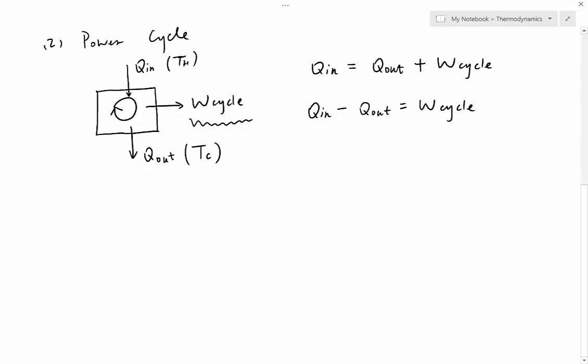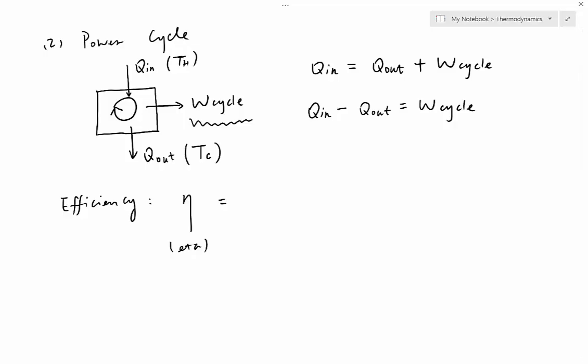Okay, so now if you have an engine, what's the first thing you want to know about your engine? Probably the efficiency. If you purchase an engine, you want to know what the efficiency is. Okay, so we use letter eta, pronounced eta, for efficiency.